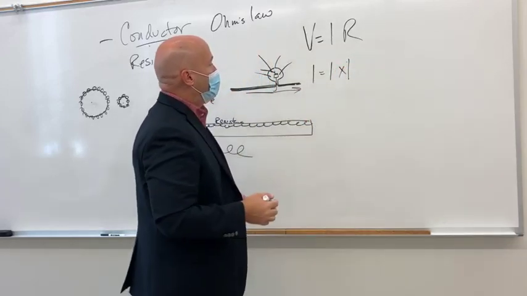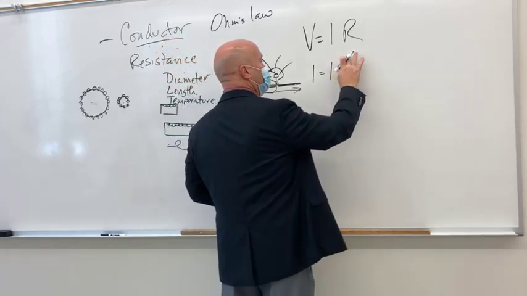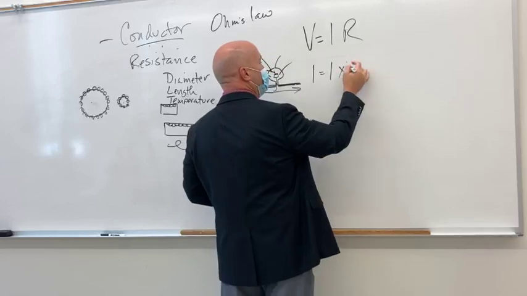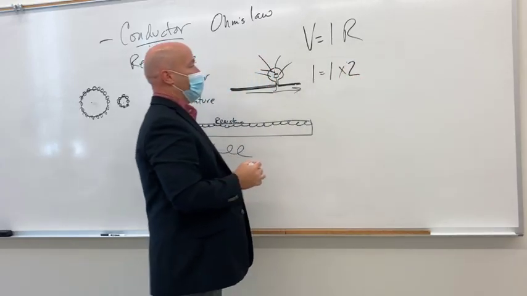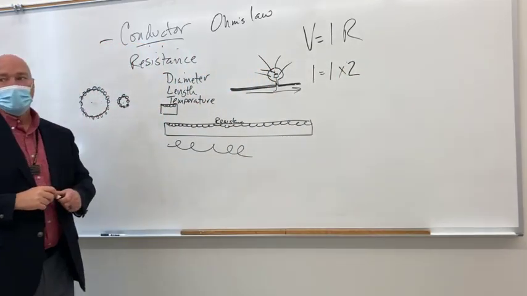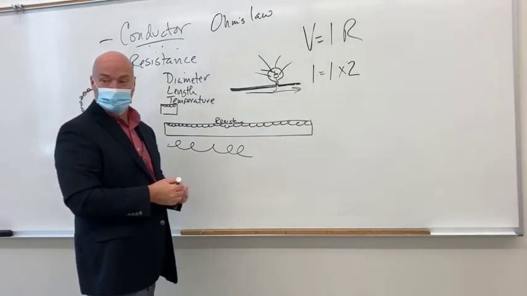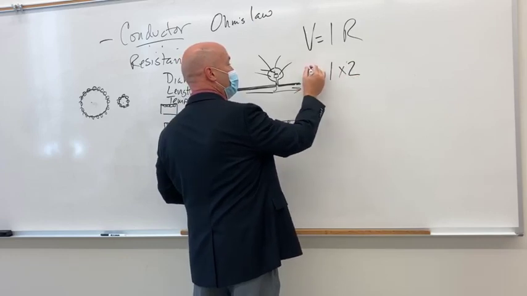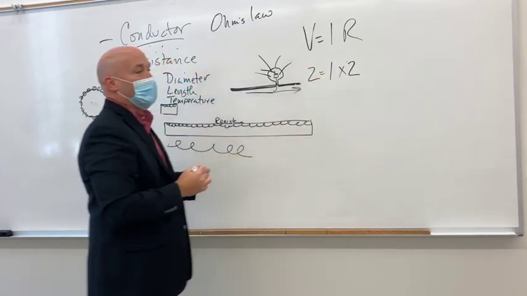Now, what if I cut my resistance, or maybe I double my resistance? Now what happened? It's not true anymore. So 1 times 2 now becomes 2, right?